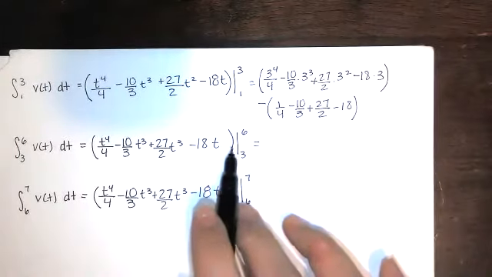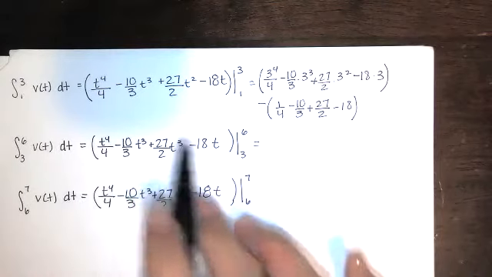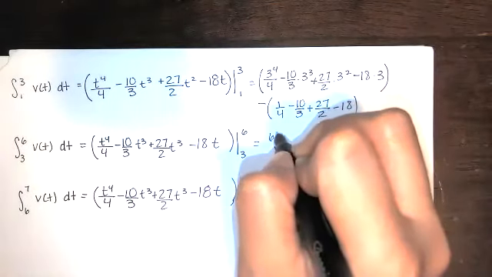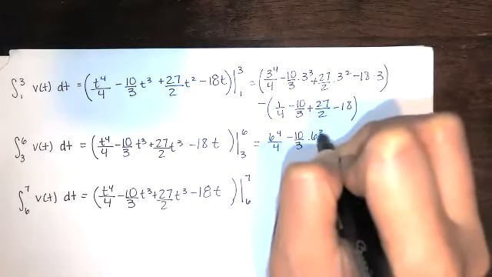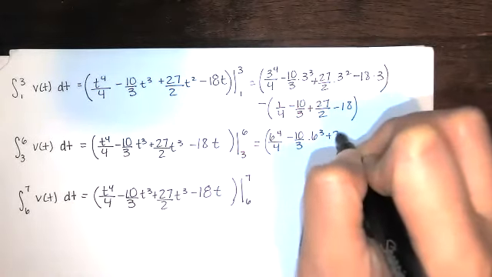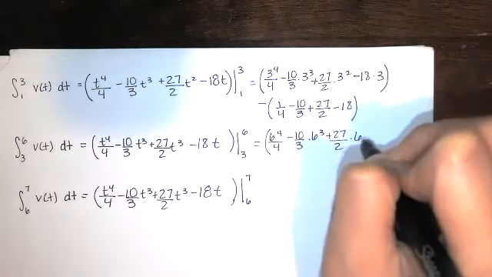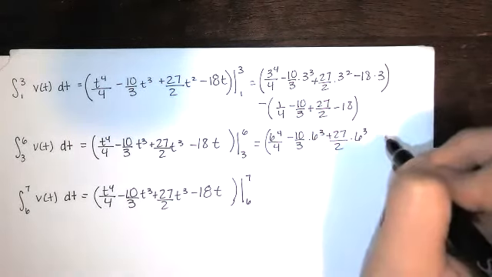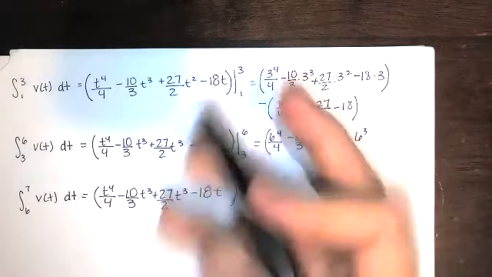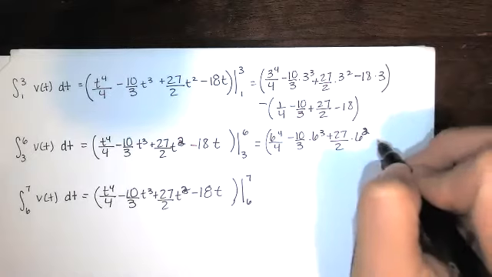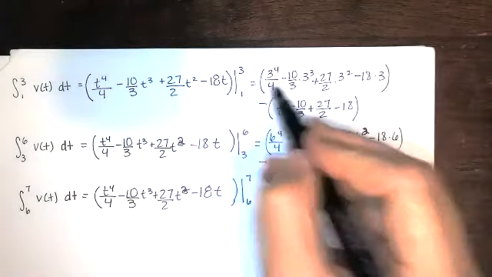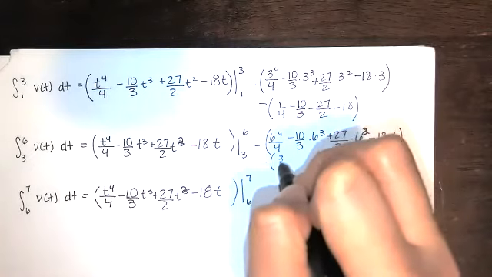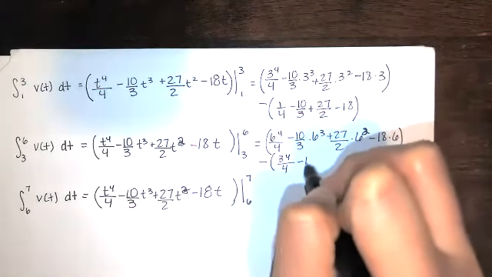And then at time t equals 6, we're going to substitute in here. We'll have 6 to the 4th over 4 minus 10/3 times 6 cubed plus 27 over 2 times 6 squared, minus 18 times 6, minus the answer that we got over here for the 3s. So I'm going to write that down.